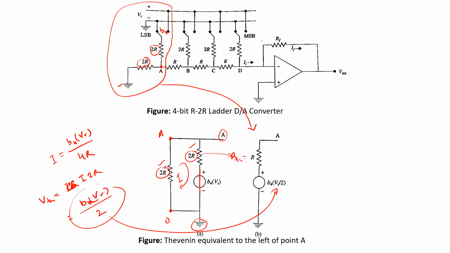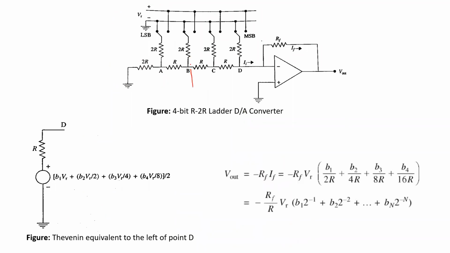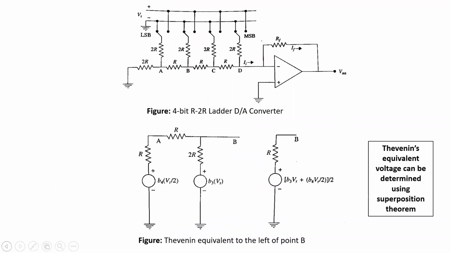And for node B, we can consider this equivalent Thevenin representation from node A and proceed further. So if we go to node B, now we are going to consider the network up to this portion, and the portion up to node A is going to be replaced with the series resistance and the corresponding Thevenin voltage, which was determined earlier.